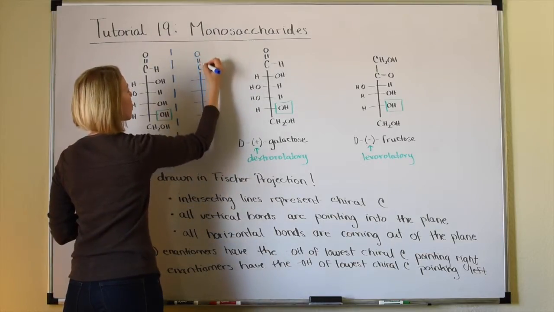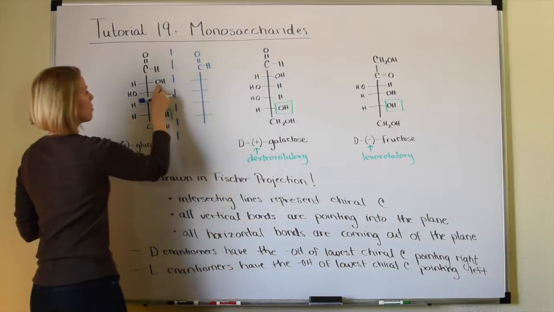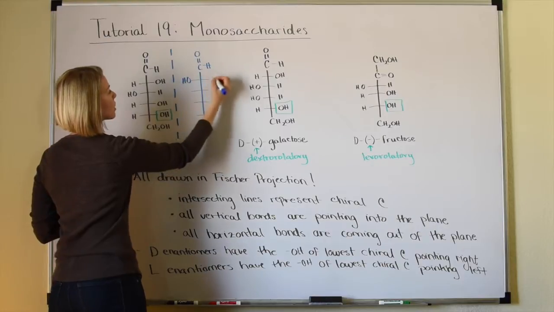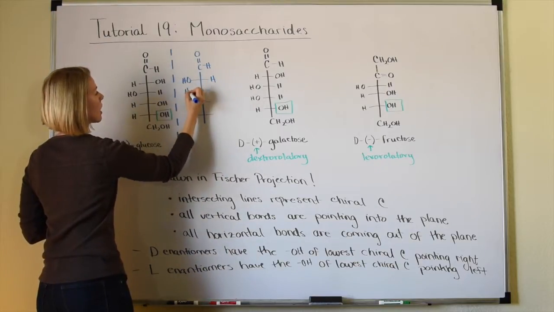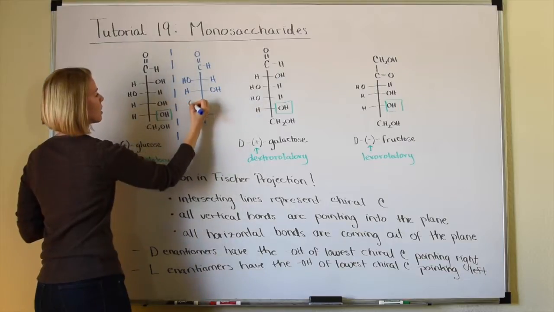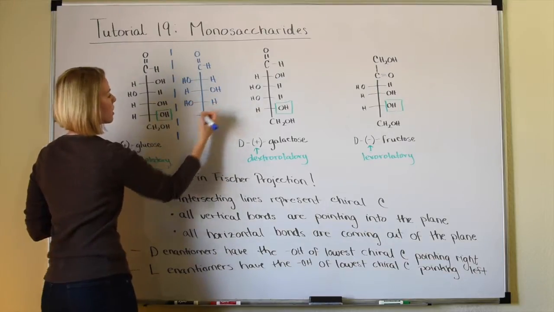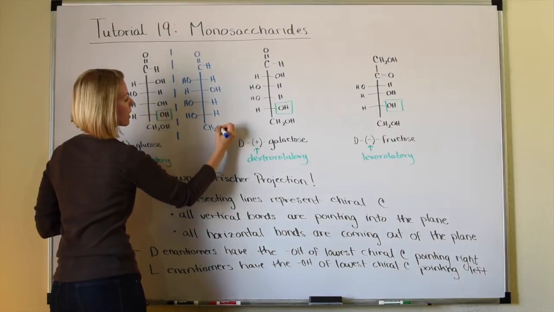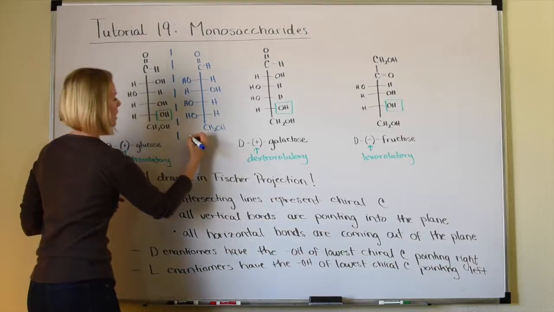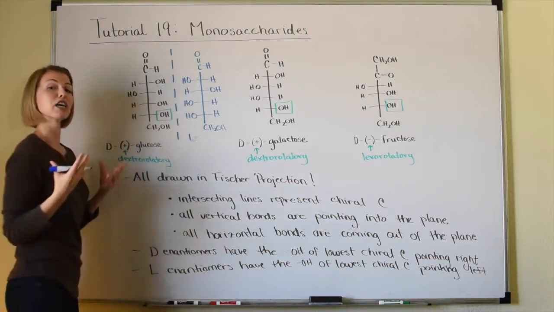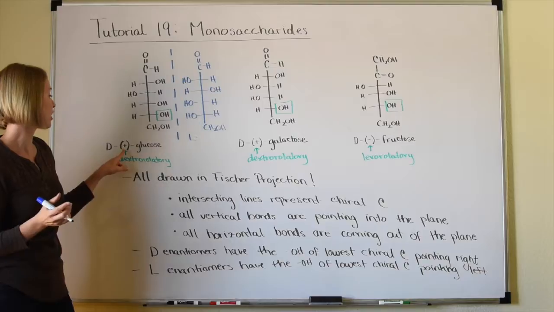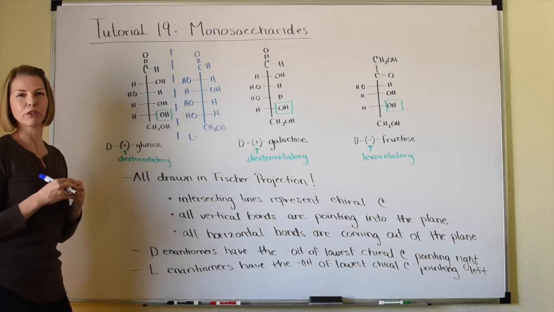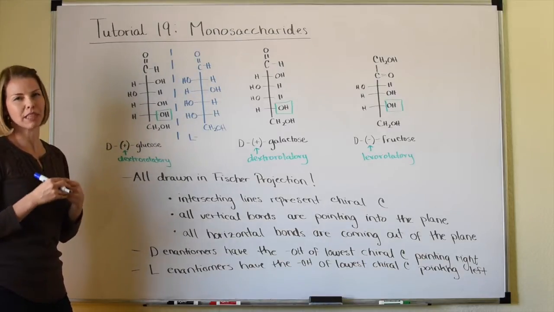The aldehyde at the top. And then make sure that these reflect in the mirror image. So OH and H, H, OH, OH here and an H here, and an OH here and an H here, and then our CH2OH. Okay, so this would be L-glucose, and because we already know, because it's indicated here, that the D-glucose is dextrorotatory, we should be able to infer that the L-glucose must be levorotatory.